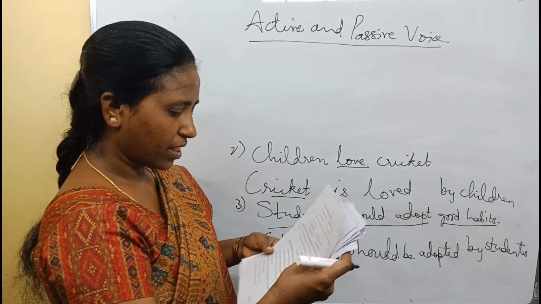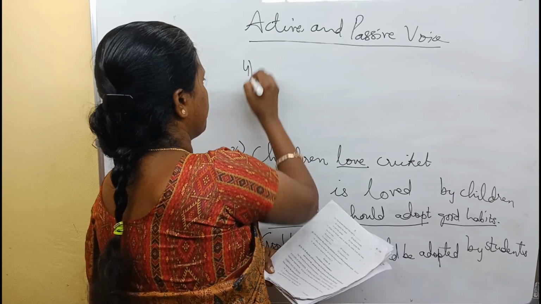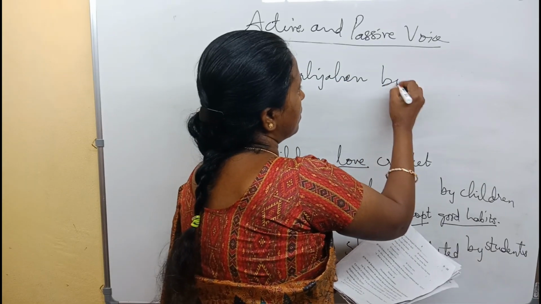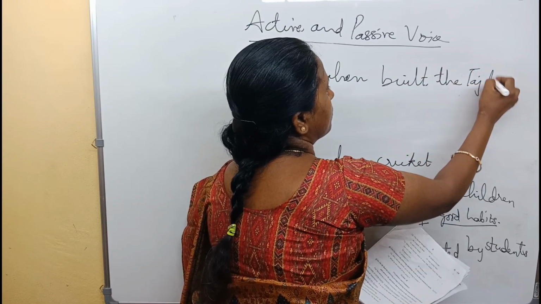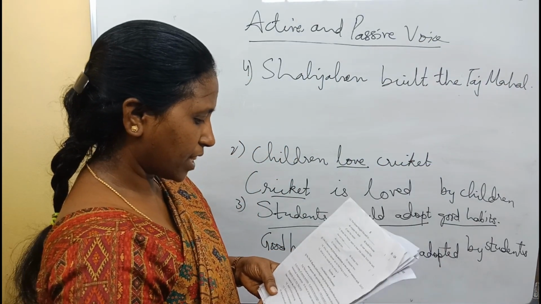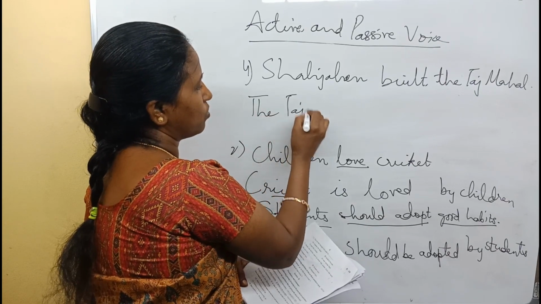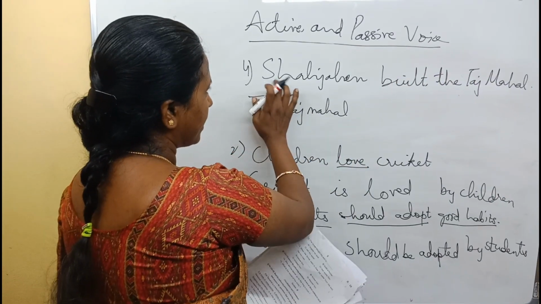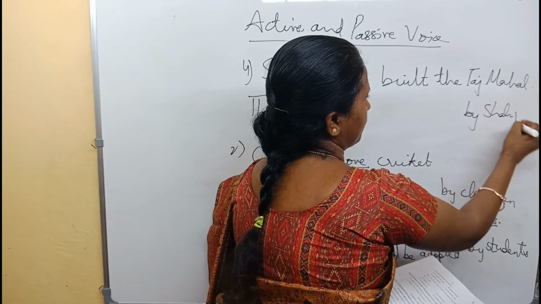Okay. Here the sentence is, Shah Jahan built the Taj Mahal. Okay. So the instruction is, begin the sentence with the Taj Mahal. The Taj Mahal. So what did I say? When the tail became the head, the head should become the tail. By Shah Jahan.